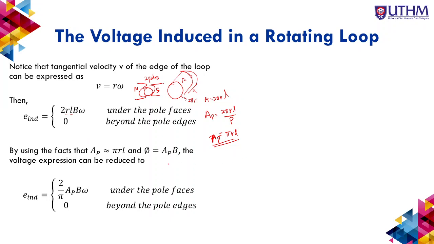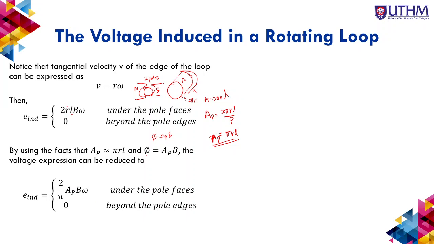We also know that the flux phi is equal to AP times B, so phi equals area times B. Then we replace the A first.